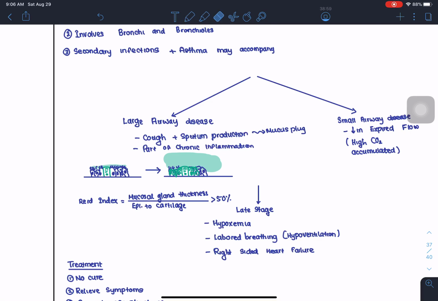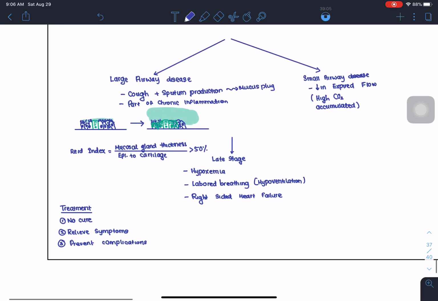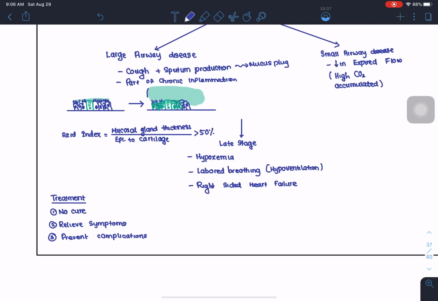Okay, and there's a way in which you diagnose these patients. You check the mucosal gland thickness. These cells are now bigger. These goblet cells are bigger. They're producing a lot of mucus.